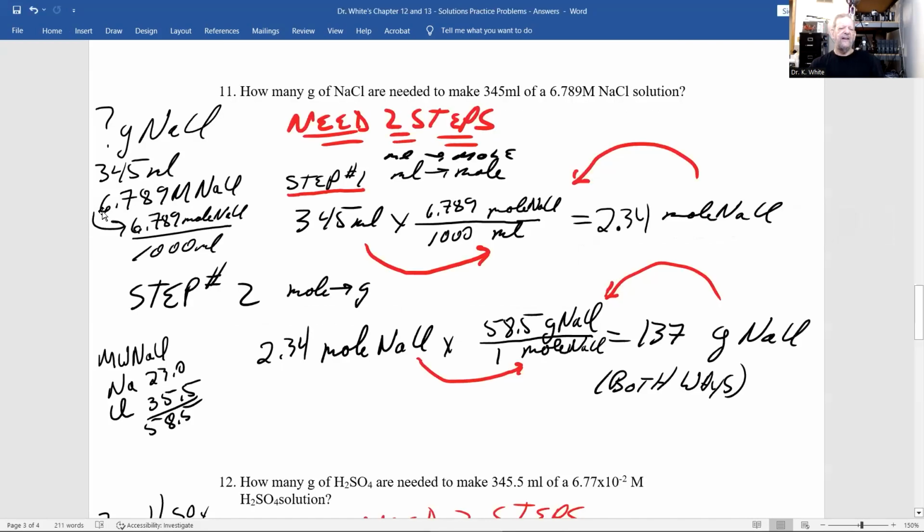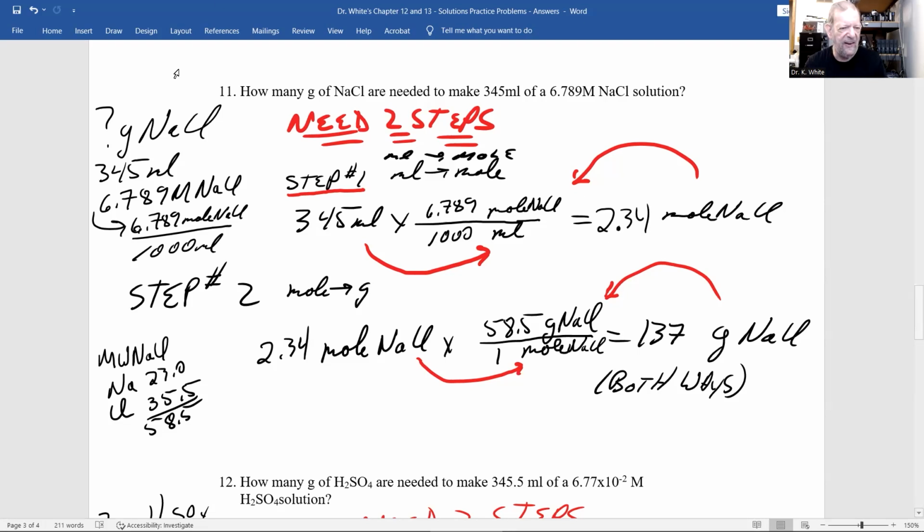So this capital M means there's 6.789 moles of NaCl per 1,000 milliliters. And that's where I get these numbers. Now, this is 3 significant figures, the 1,000 is an exact number. I get 2.34 moles.